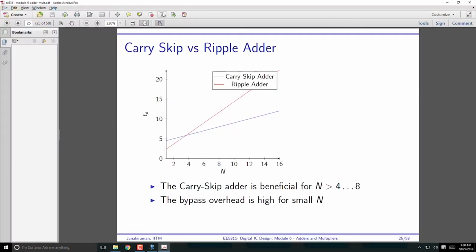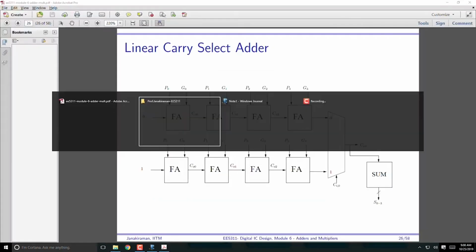So now you have, let me get the name right, I keep forgetting this name. Carry select adder. Yeah. So, we're going to do a carry select adder.